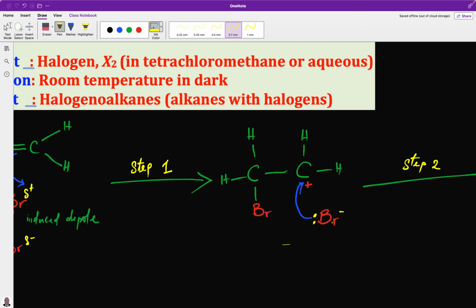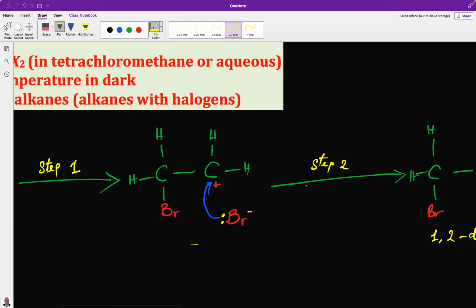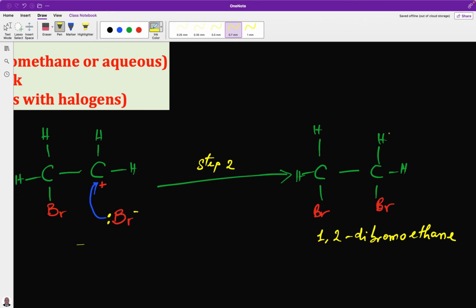At this level of the formation of the intermediate, the carbocation that is formed is rapidly attacked by the bromide ion, thereby donating the lone pair of electrons that it took from this fission to the positively charged carbon. When a lone pair of electrons is donated here, a new bond is established.